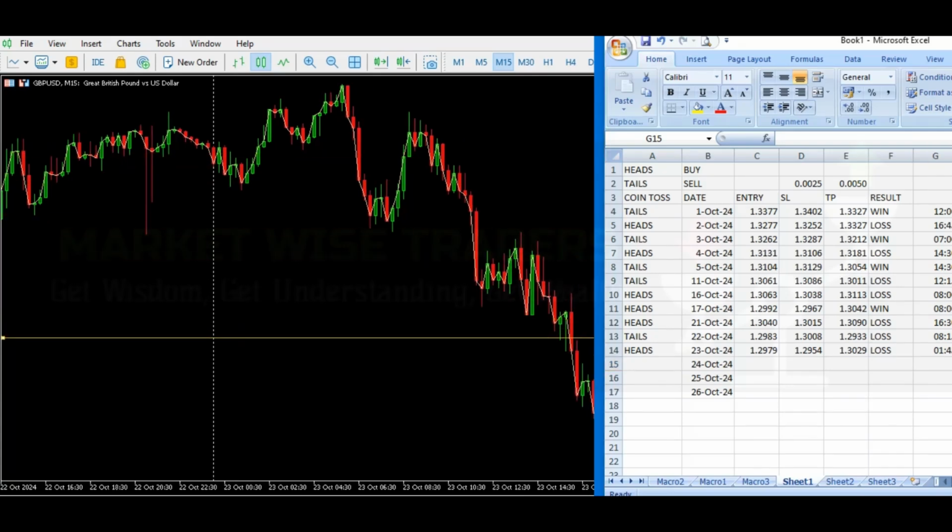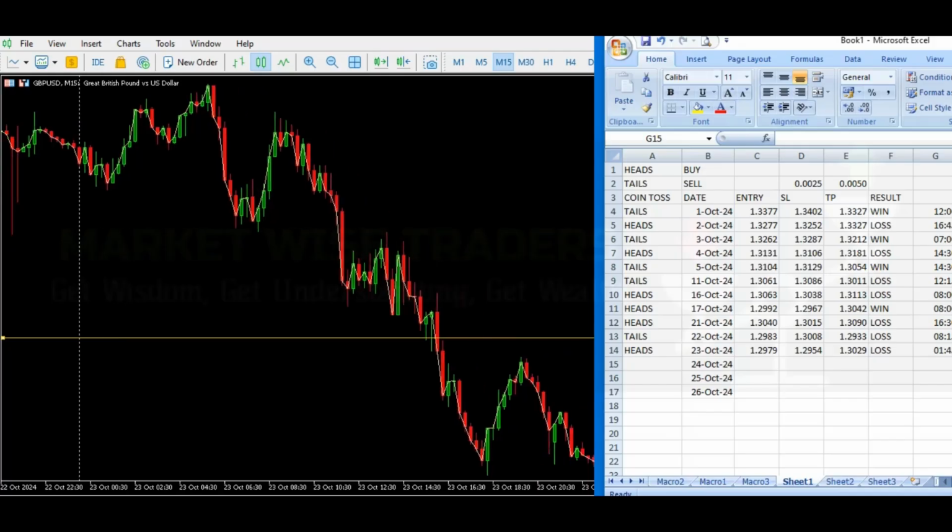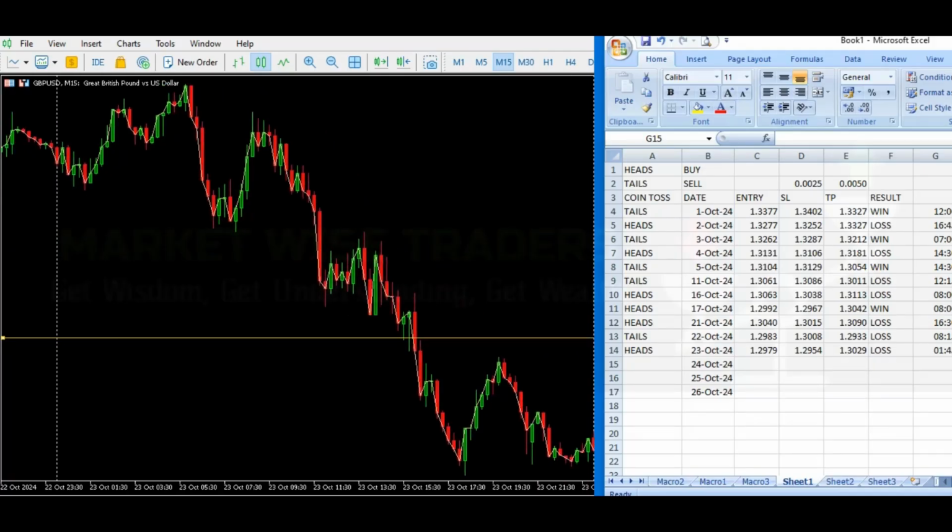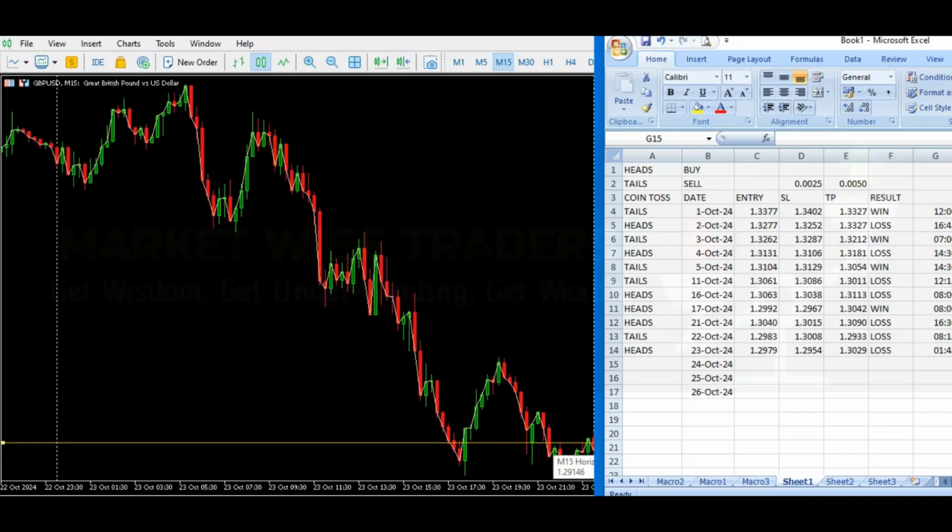Let's see the next day how it goes. We come down here. Coin toss. What do we get? We've got tails, and tails says sell, and we're selling at, what's the price here? 129.14.